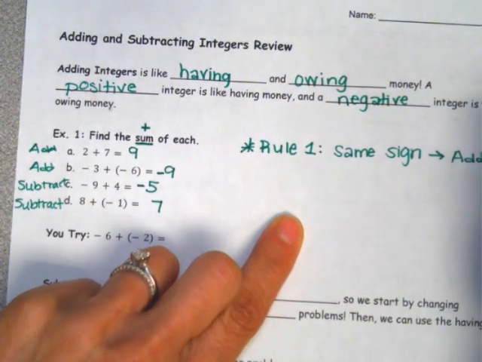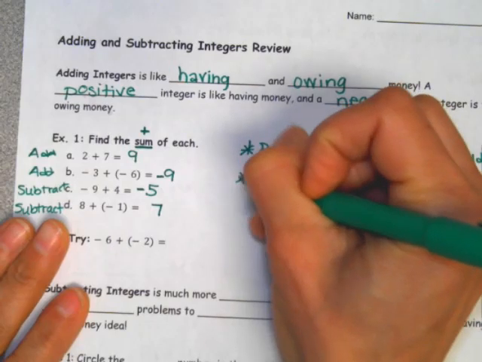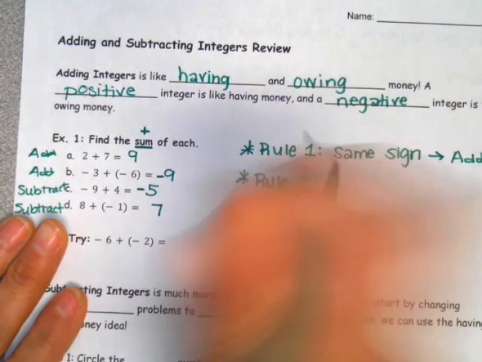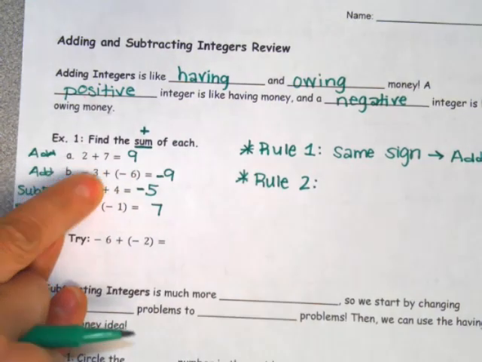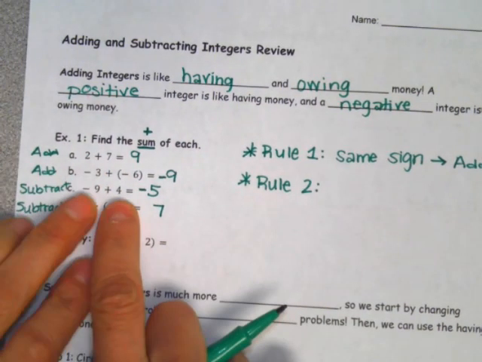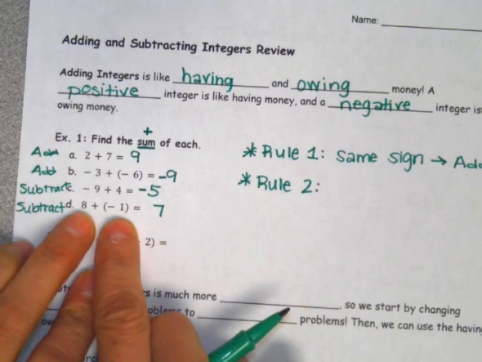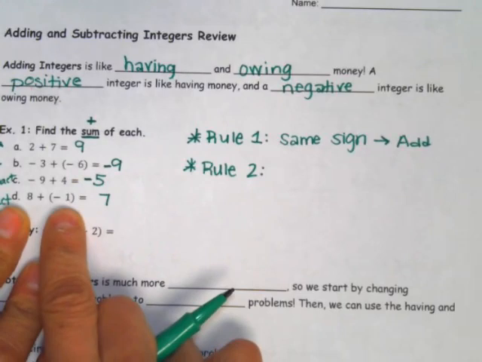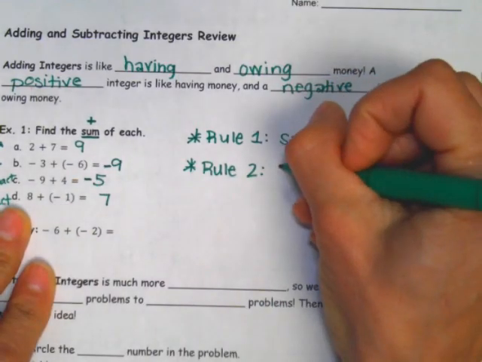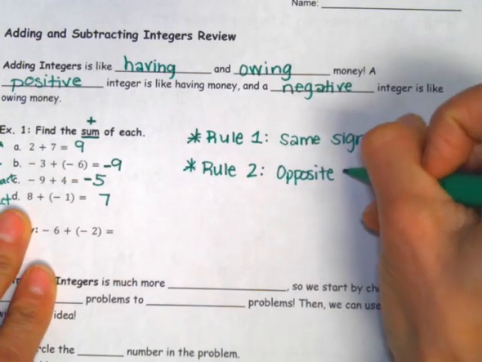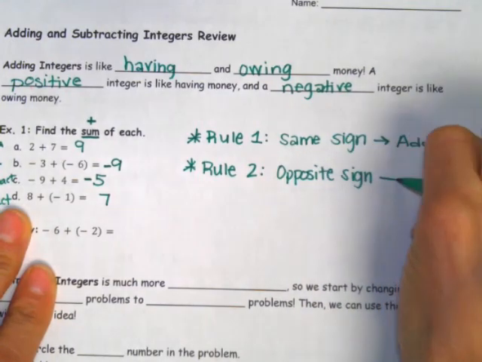Rule number 2, in adding integers, this is when we have the addition sign in there. If we had opposite signs, one positive and one negative, doesn't matter the order, then we subtract. So opposite signs, we subtract.